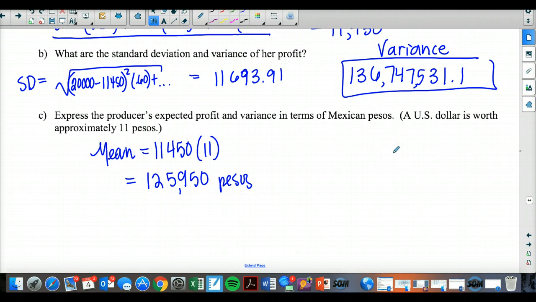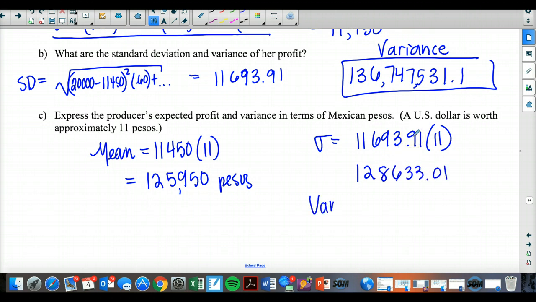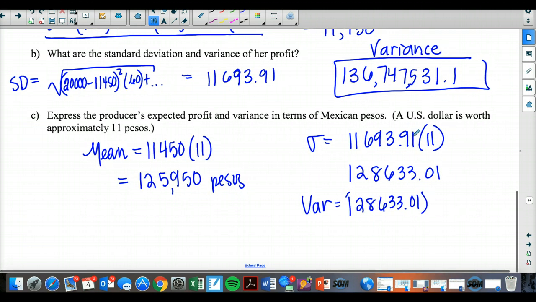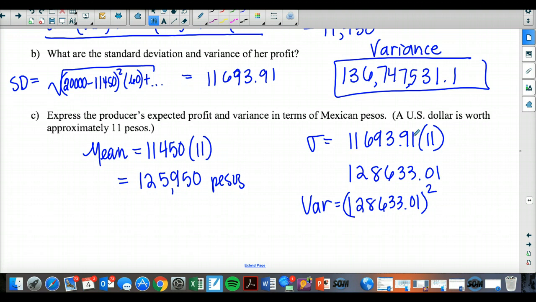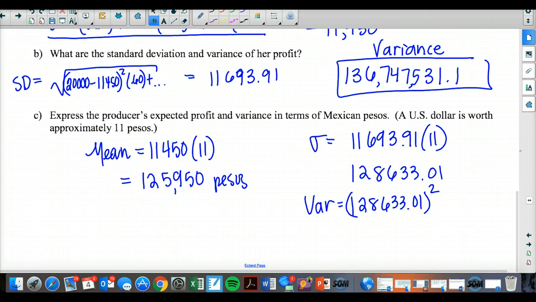And then for standard deviation, it would be 11,693.91 times 11. That's my standard deviation, 128,633.01. My variance is that squared, which is a large number. It's 1.6546 times 10 to the 10th power.